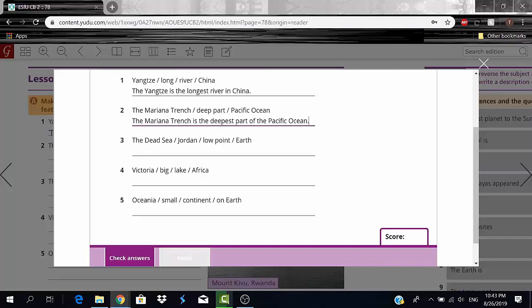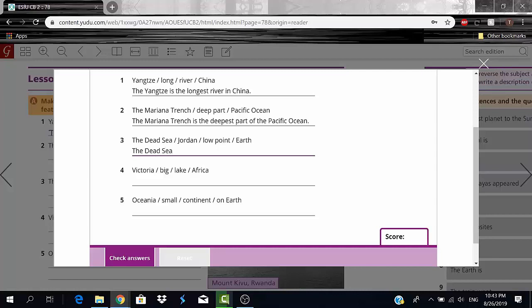Then we have number 3, the Dead Sea, Jordan, low point, Earth. So we can say the Dead Sea. I wrote it as dad. Okay, so the Dead Sea, let me write that in capital.